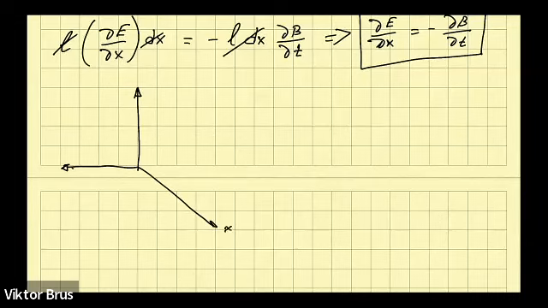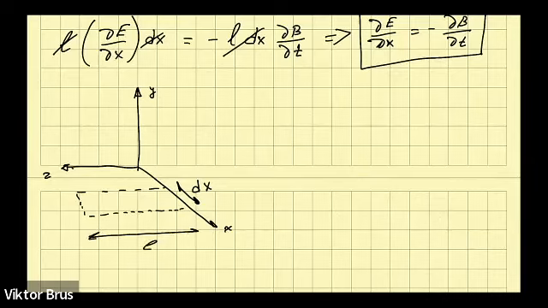It will be x, z, and y. So we will now consider in this plane zx some rectangle. It will also have width dx and length L.